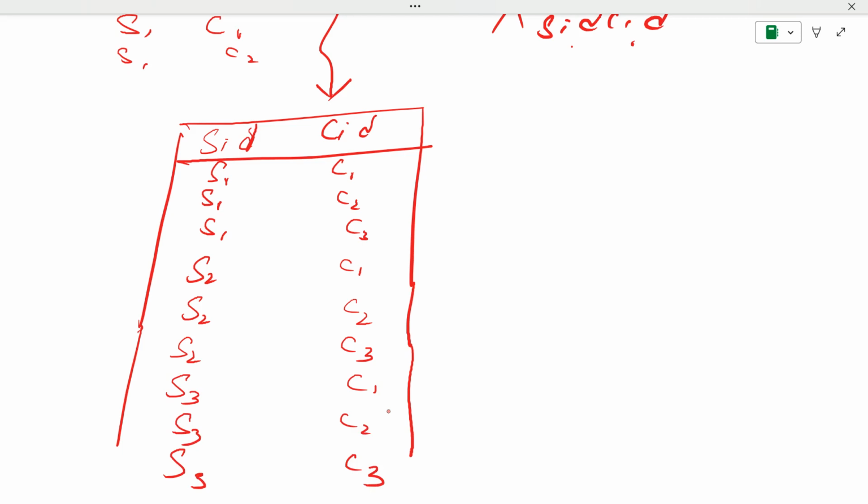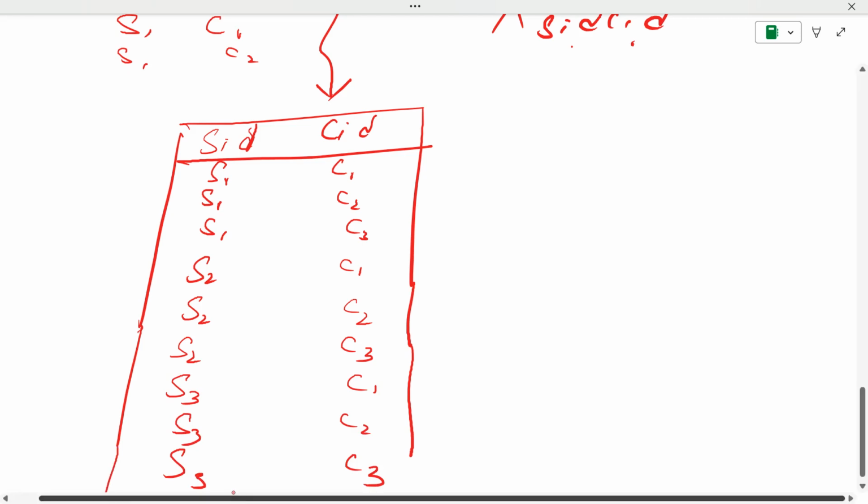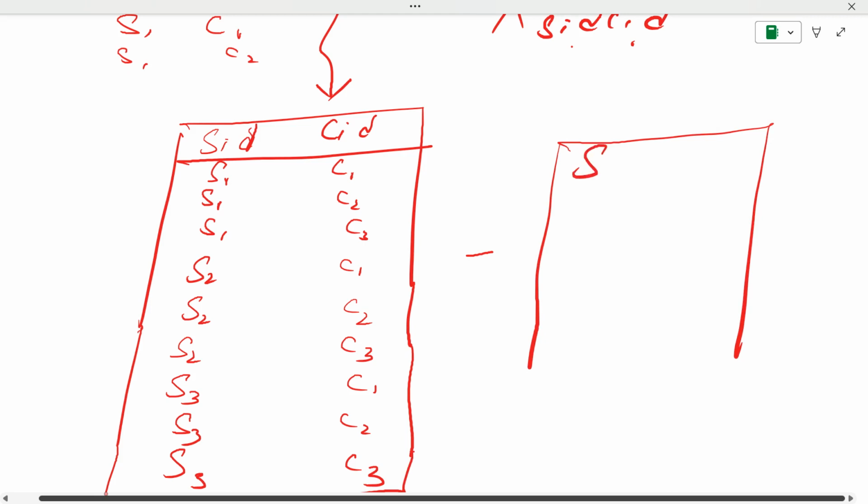This is the overall combination of all student IDs matched with every course. Now from here we subtract the valid combinations, which we get from enroll. So this is the dummy combination we created, and this is the actual SID CID mapping.